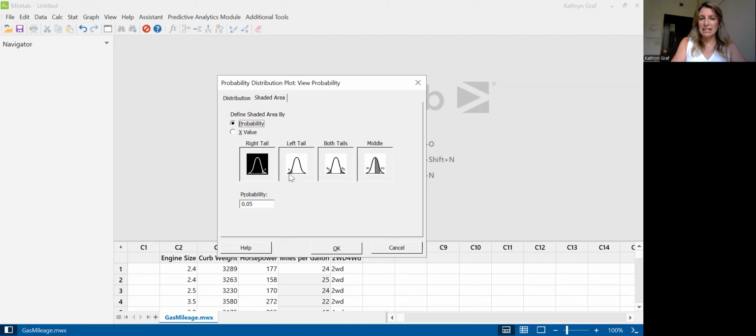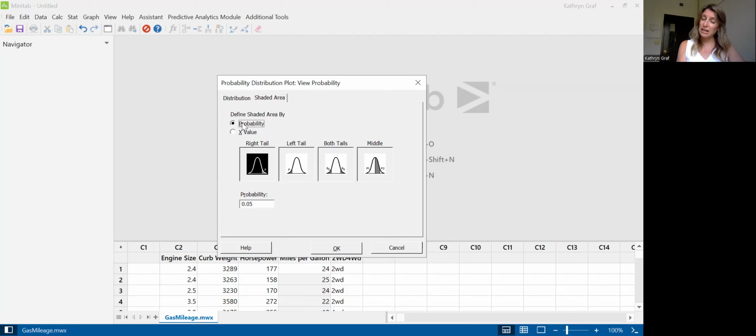Am I defining this little shaded area here in the tail by a probability, meaning I know the area under the curve? Or am I defining this little shaded area in the tail by an actual data value? That's the difference. If you have the probability, you're going to select Probability here, and that means you're looking for the data value.